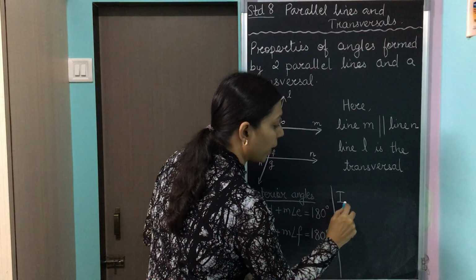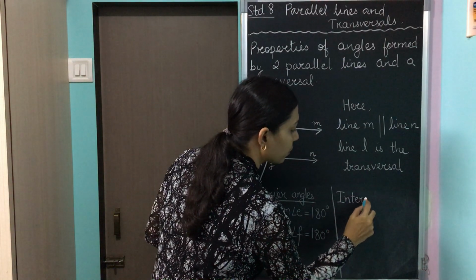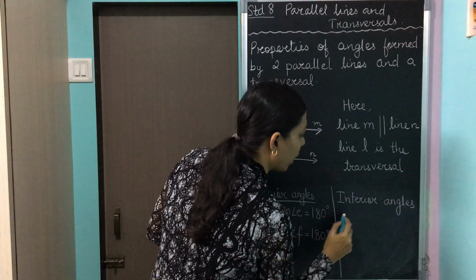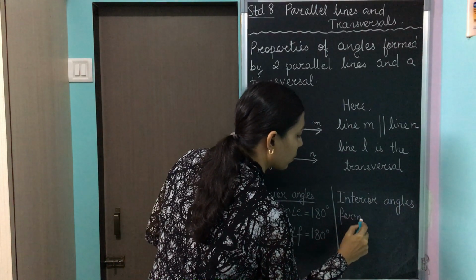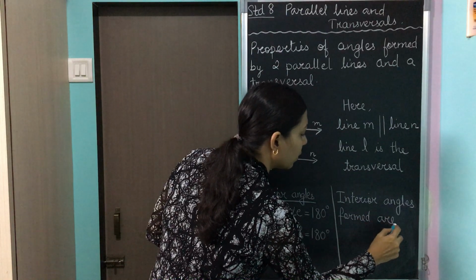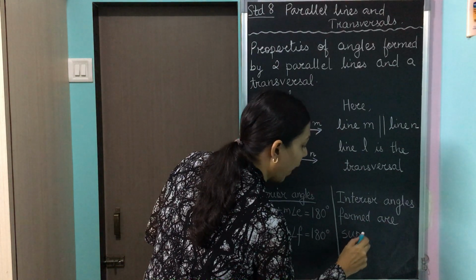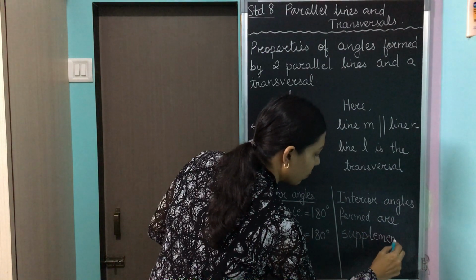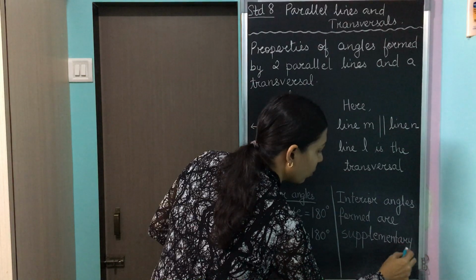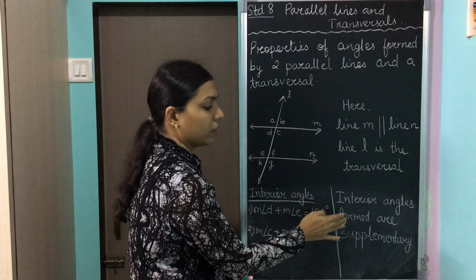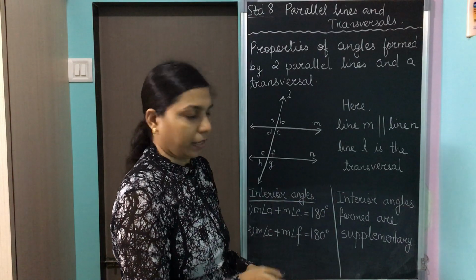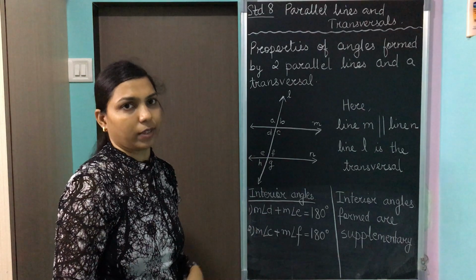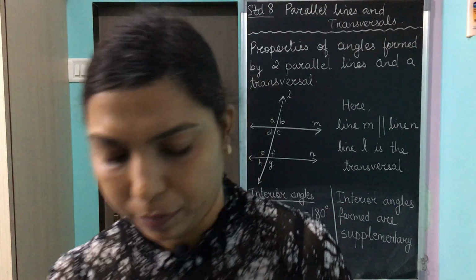It means that the interior angles which are formed are supplementary. They are going to add up to give you a measurement of 180 degrees. So your interior angles formed are supplementary. Please copy this down. You have to write this entire part once again along with the diagram.